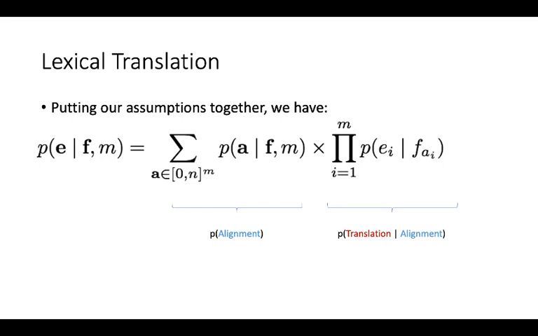What we observe is only E and F, and we want to estimate the alignment between E and F. The alignment vector is actually a latent variable. We can marginalize the latent variable to get the translation probability.